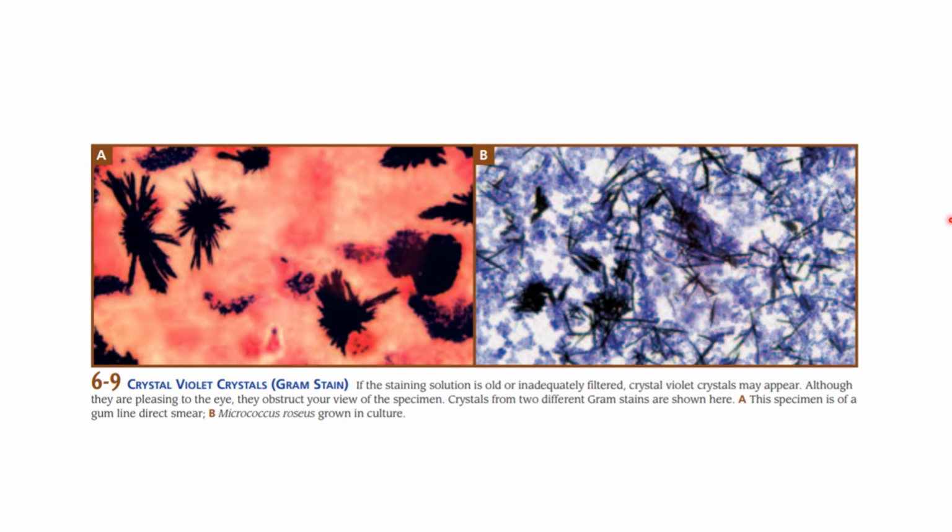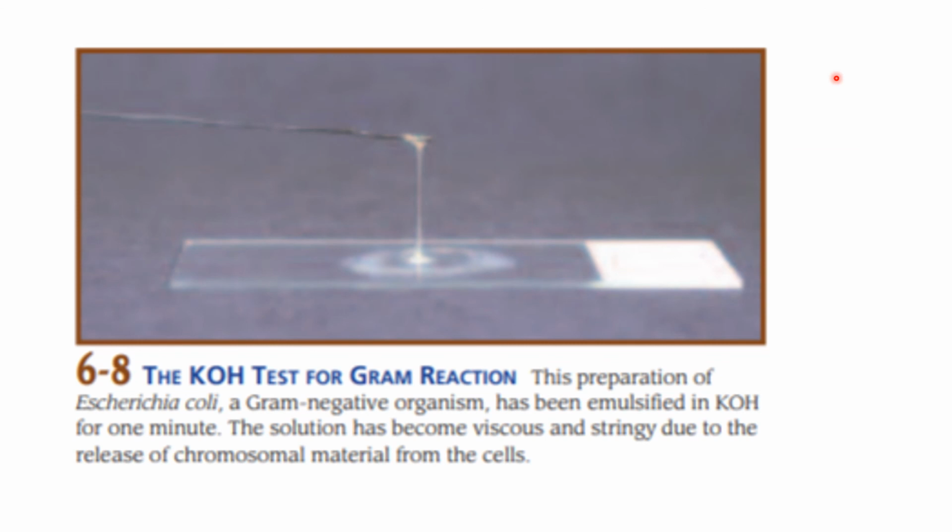Okay, and another way to differentiate cells into gram positive or gram negative is by use of potassium hydroxide. Potassium hydroxide is a non-stain test.